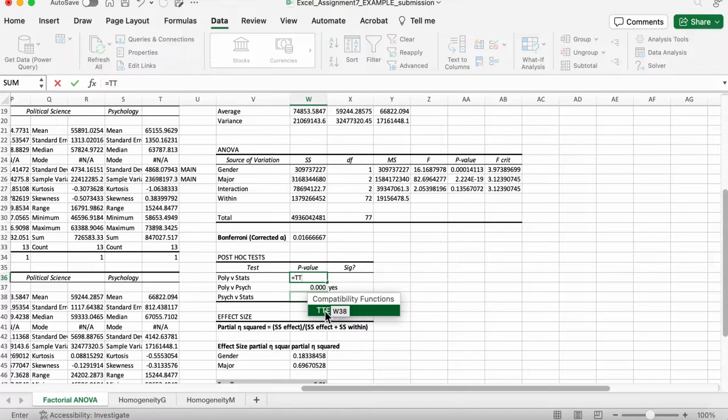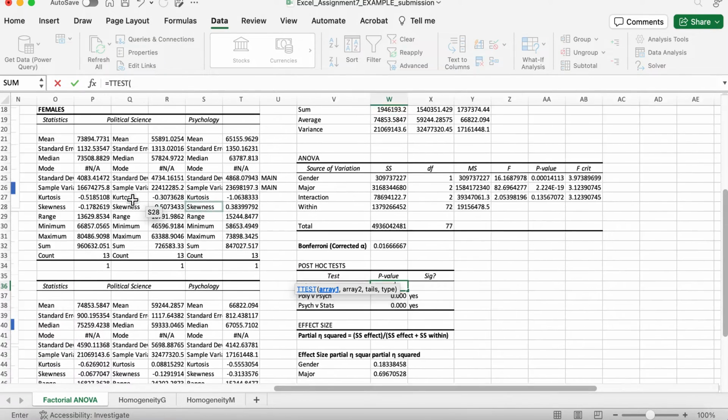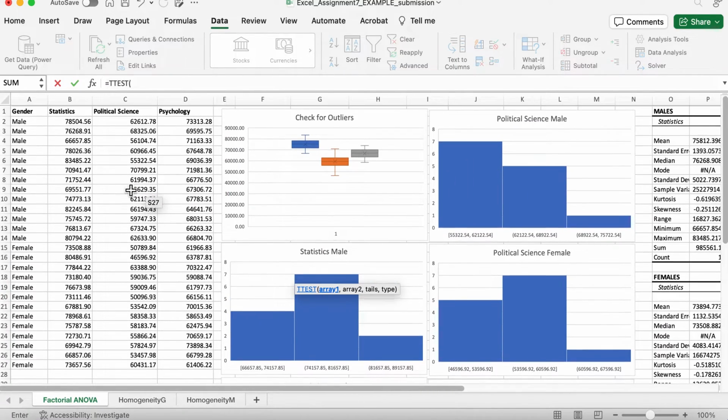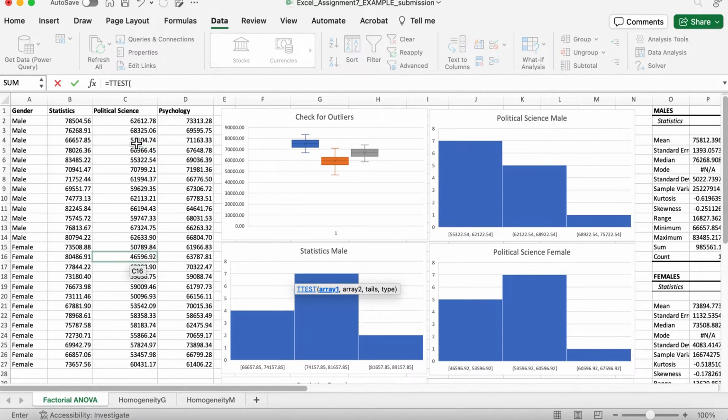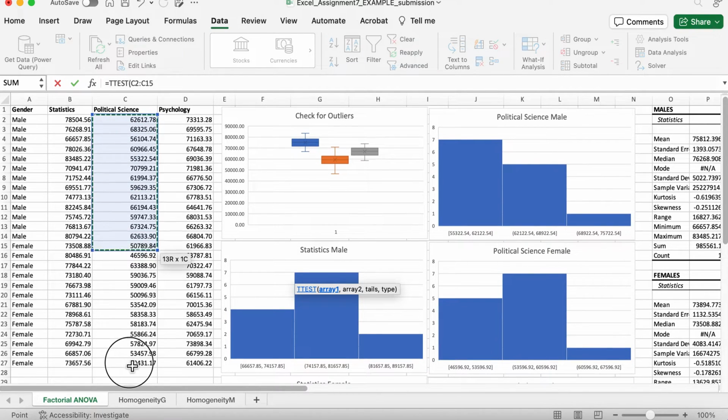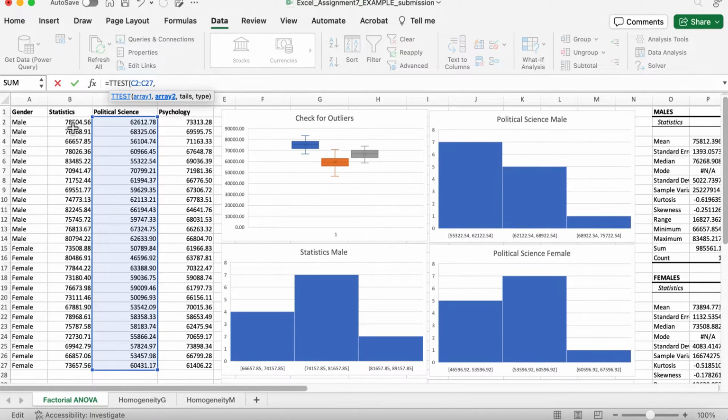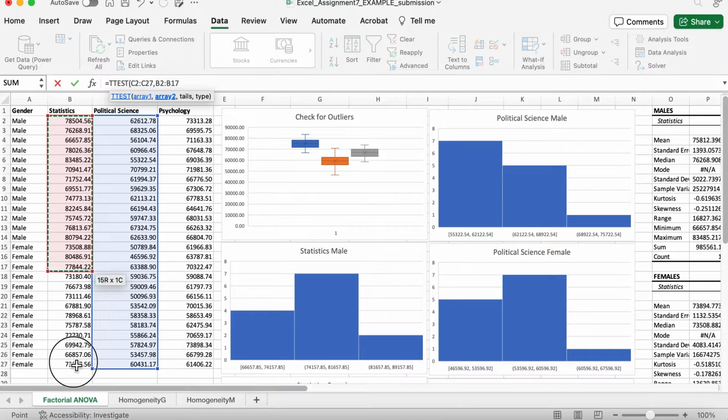This will give you the p-value of the t-test. So we're looking at political science versus stats. Now, I always select in the order that I write it. So I first want to select political science, and then I can put, so that's array 1, and then stats, array 2.